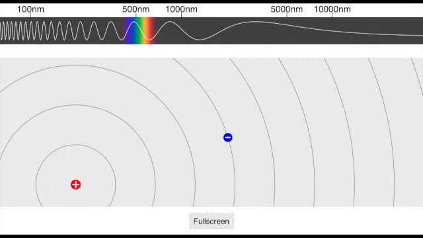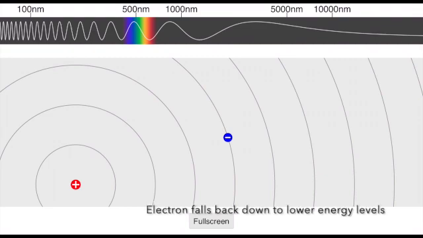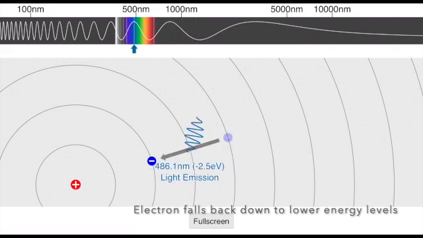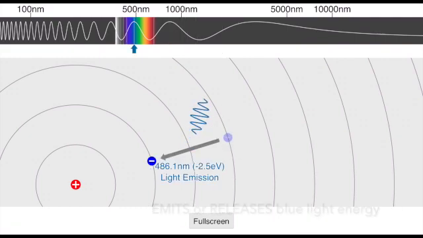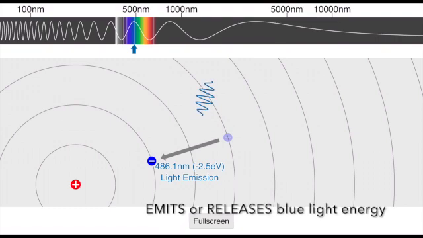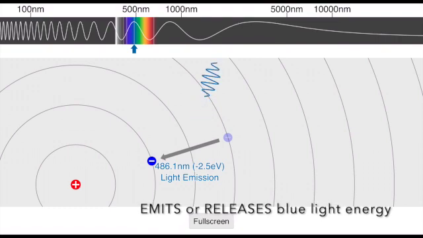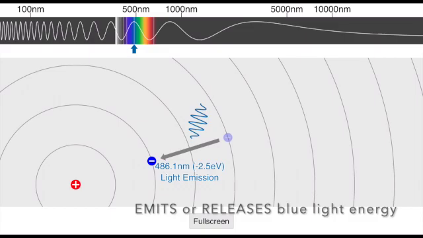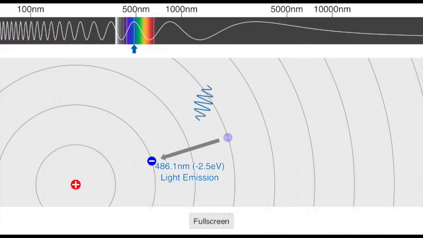If it falls back to that same level, back to level 2 where it had been before, what will it release? It releases that blue light again. So it absorbed the wavelength 486 and it releases that wavelength when it comes back down. So this would make a blue line on the emission spectrum.